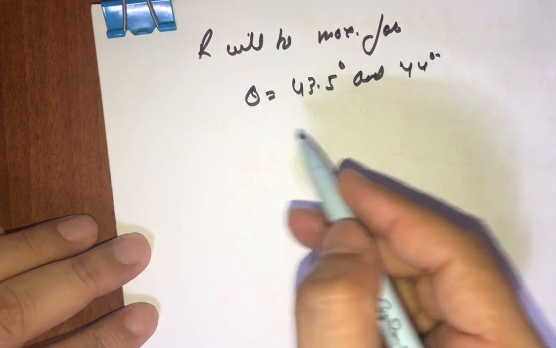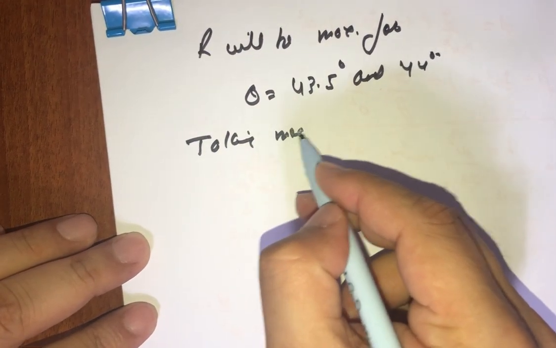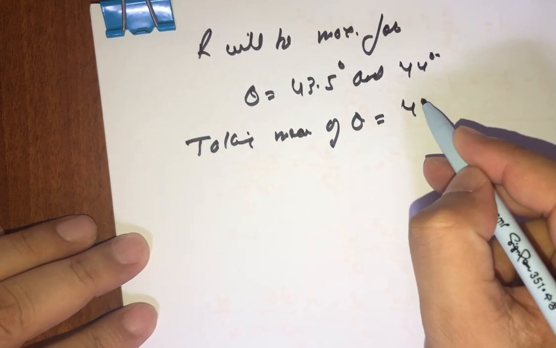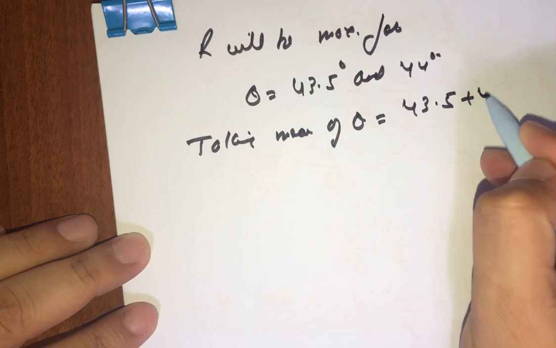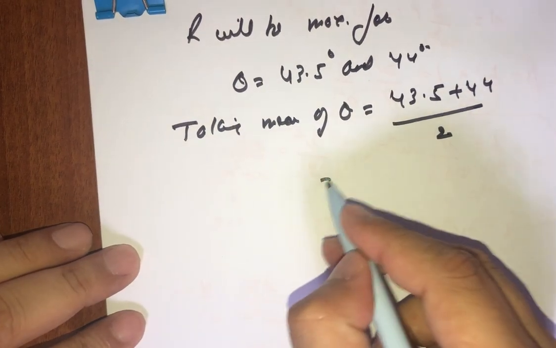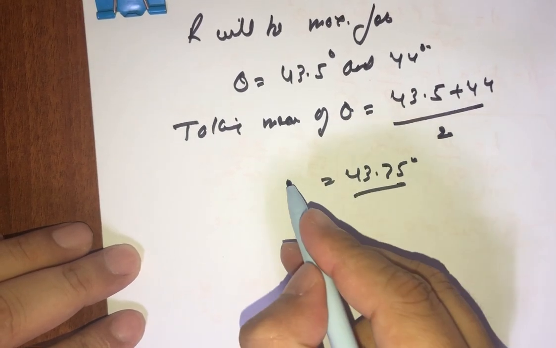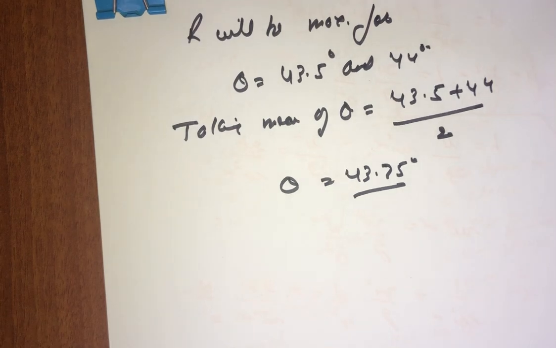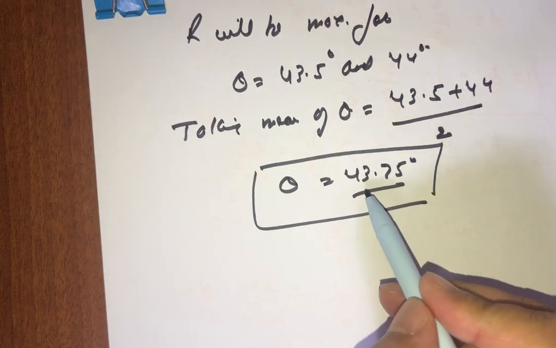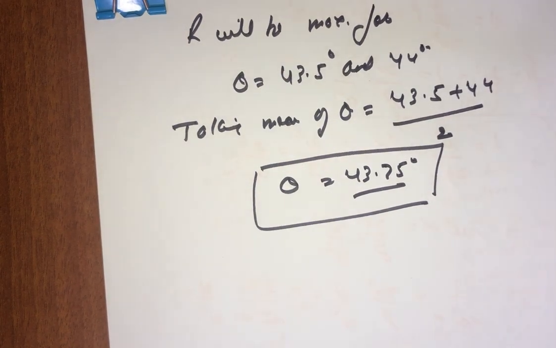Taking the mean of theta, 43.5 plus 44 divided by 2, this comes as 43.75 degrees. So the range at the ground level will be maximum for a theta of 43.75 degrees, which is close to 45 degrees. Thank you.